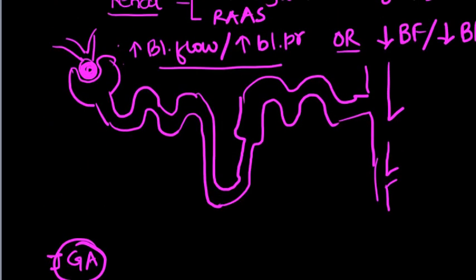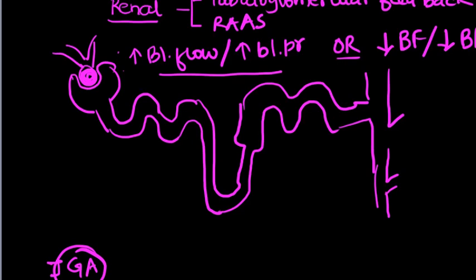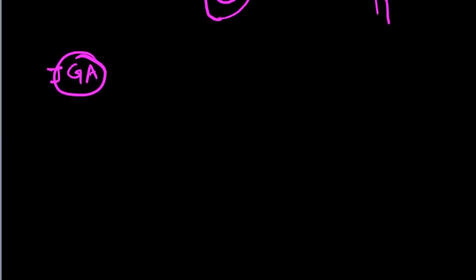As I mentioned, this is a linear presentation of a nephron. This is not how the nephron is in your kidney. The nephron is located in such a way that the distal convoluted tubule would be coming and looping in between. This is how it comes.